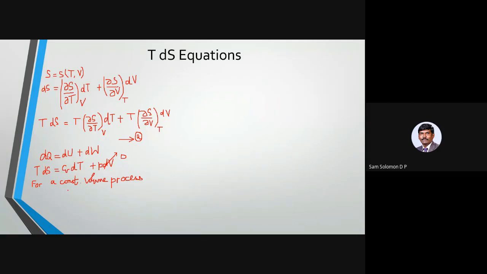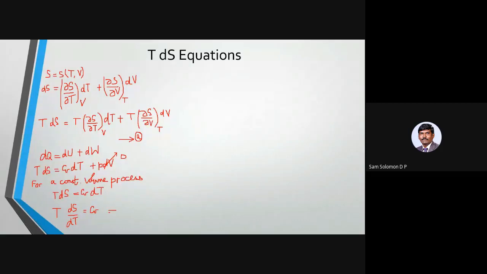So you can write TdS is equal to Cv times dT, or I can write this as T times dS by dT equal to Cv.